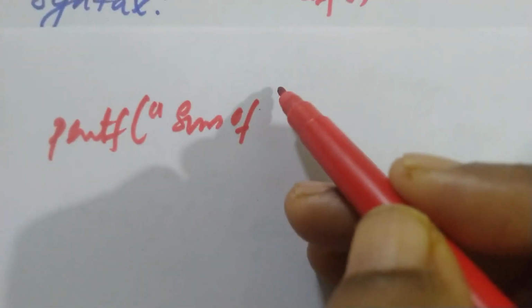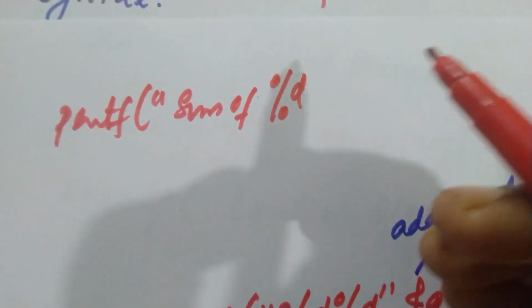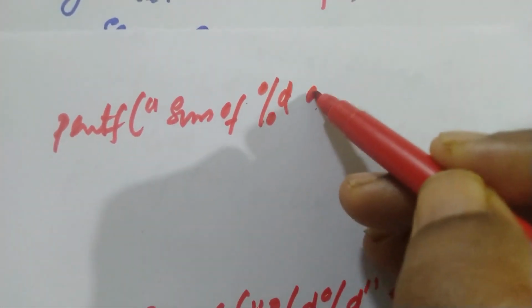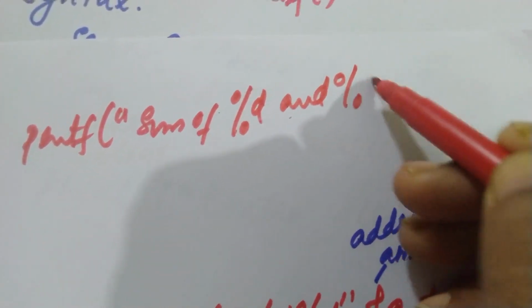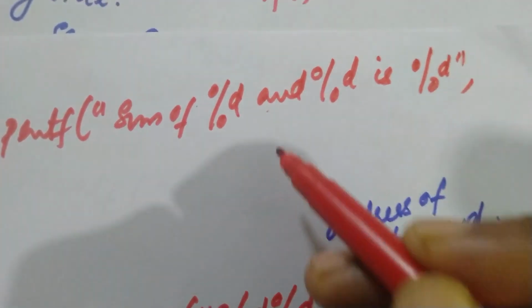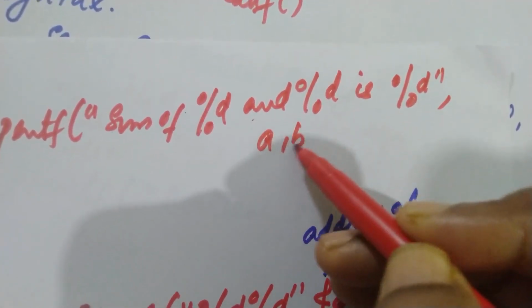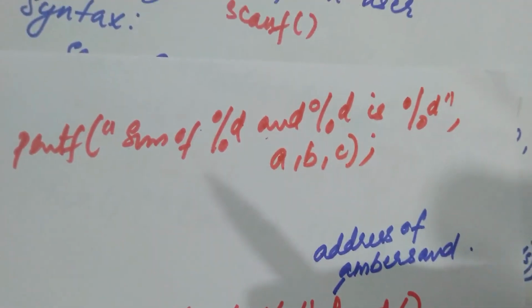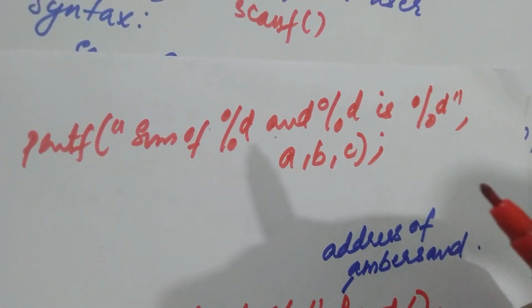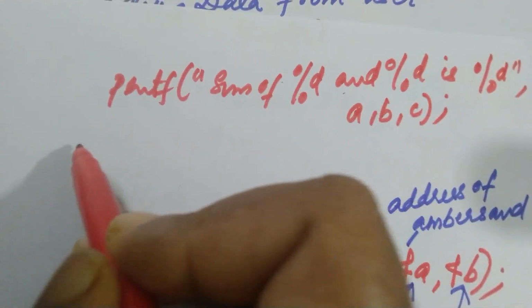So sum of, wherever the value comes, there you have to place the specifier. Sum of 10 and 20 is 30. And the variable names have to be specified in the order a, b, c. Or you can print multiple.